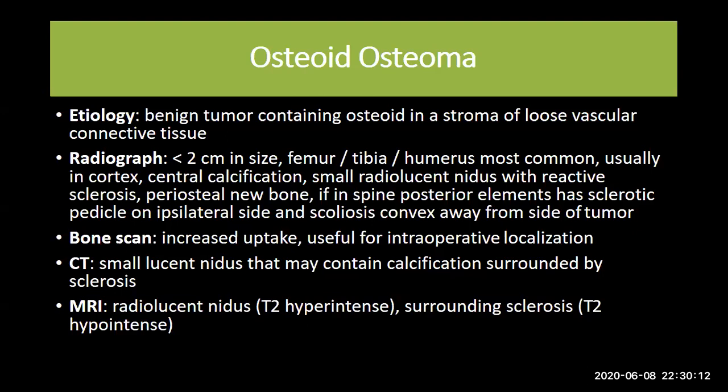In this patient it is cortical, but it can be in the periosteum and give periosteal reaction. On bone scan there is increased uptake, and on CT a small lucent area containing calcification surrounded by reactive sclerosis. On MRI the radiolucent nidus is hyperintense in T2, with the sclerosis hypointense.